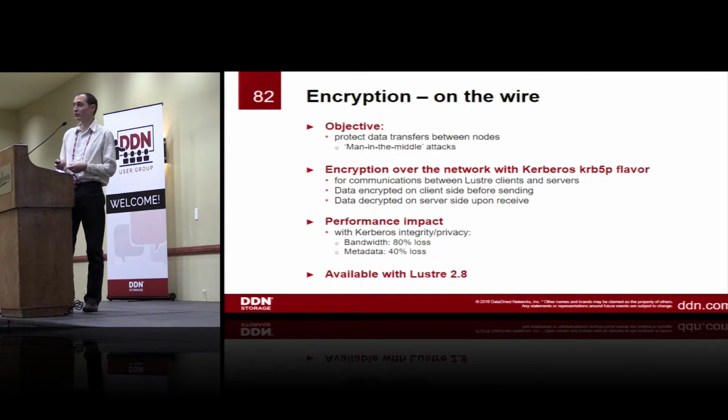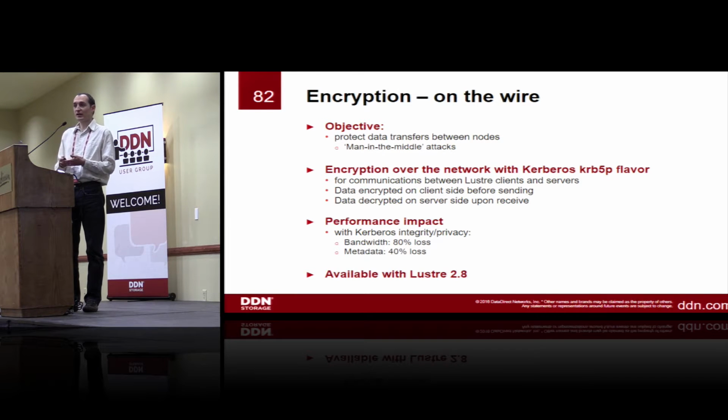Okay, so let's move on to encryption. Thanks to Kerberos support from Lustre 2.8, we are able to provide on-the-wire encryption for Lustre. So on the Lustre client side, we will encrypt RPCs before they are sent to the servers, and on the server side, RPCs will be decrypted and then processed normally like any regular RPC.